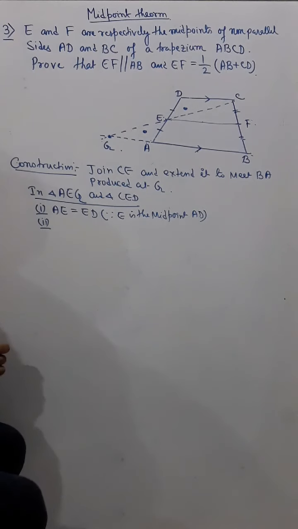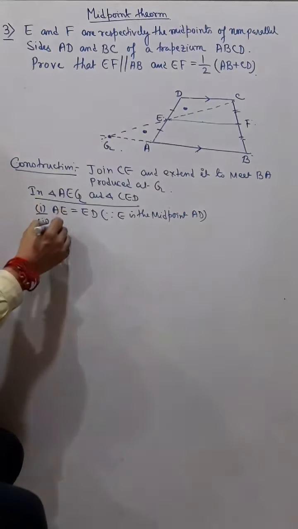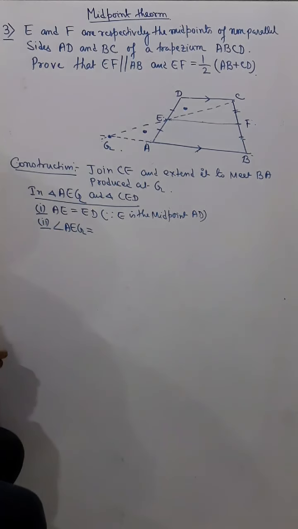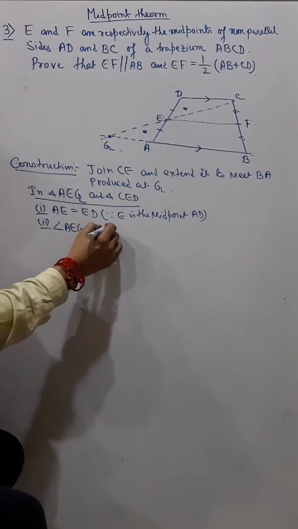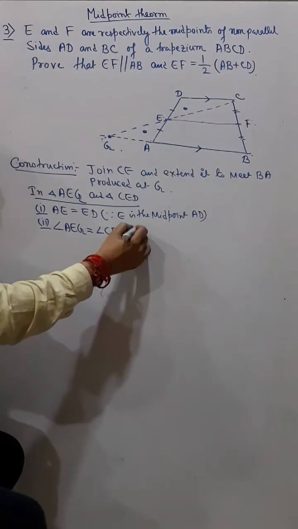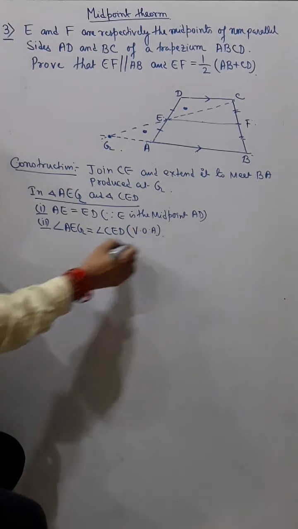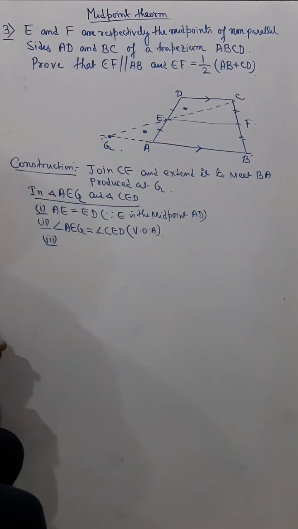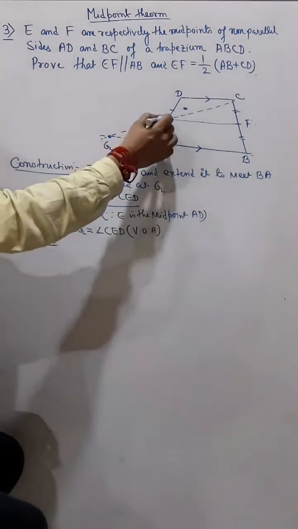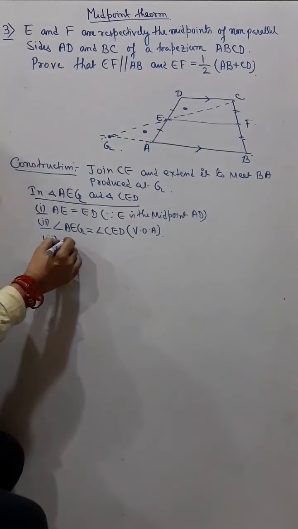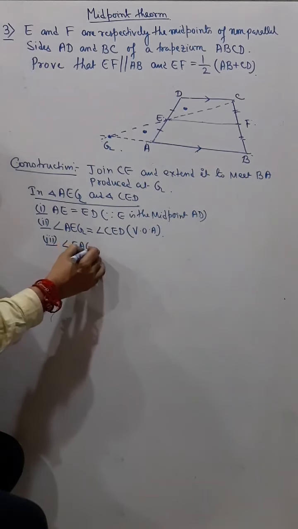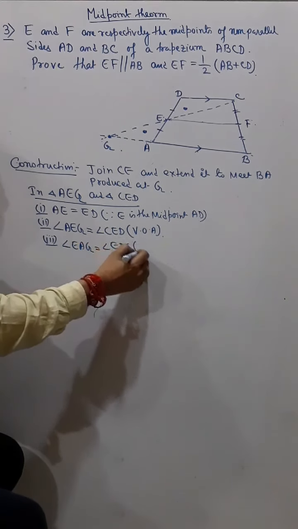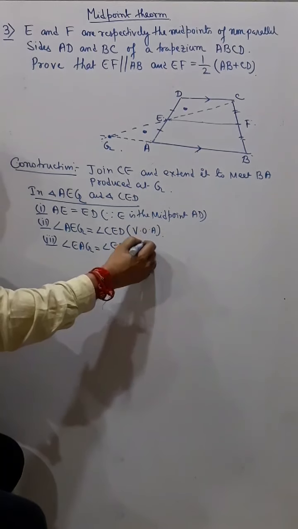Number two, we can say angle AEG is equal to angle CED, that is vertically opposite angle. And number three, we can say angle EAG is equal to angle EDC. Understand? The reason is alternate angle.